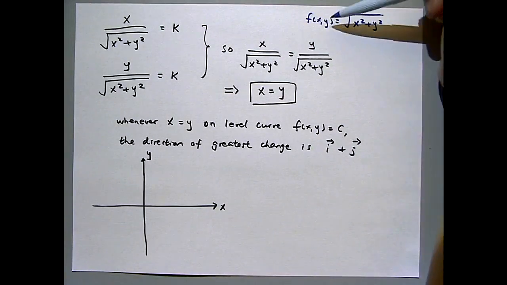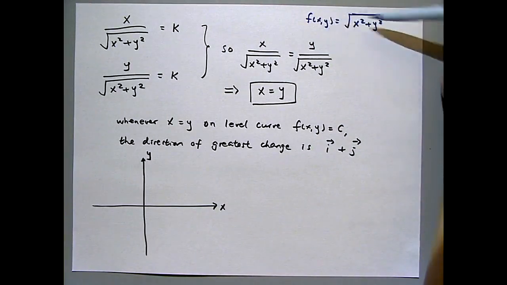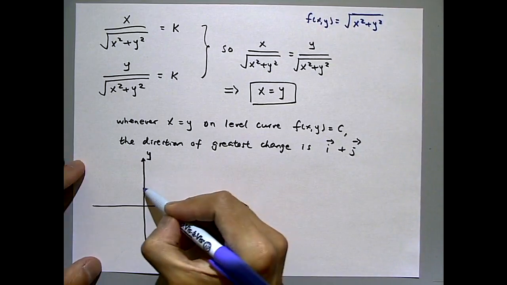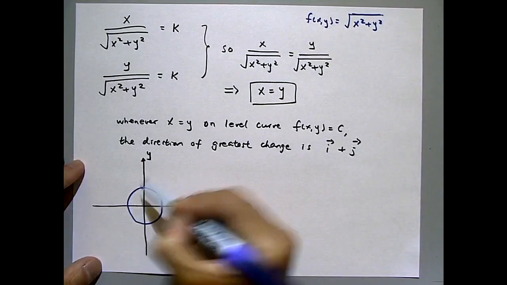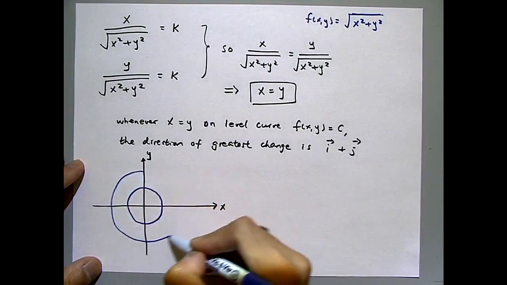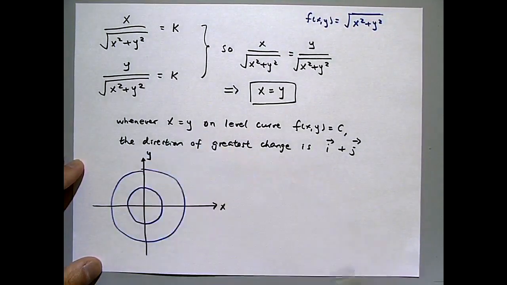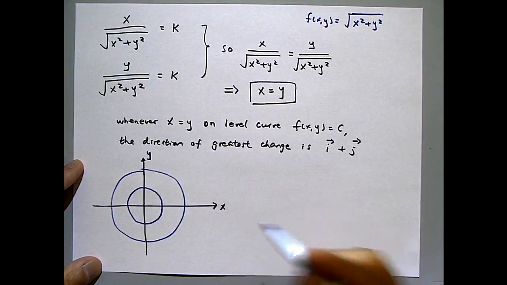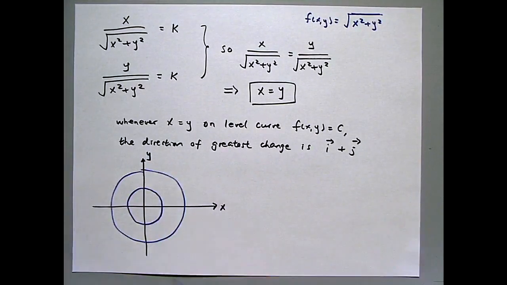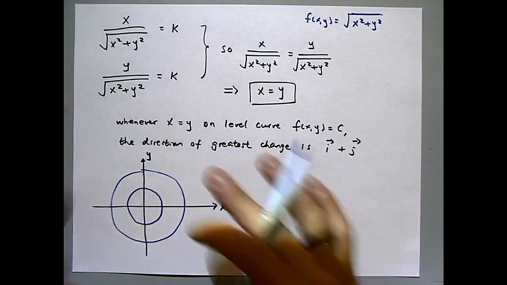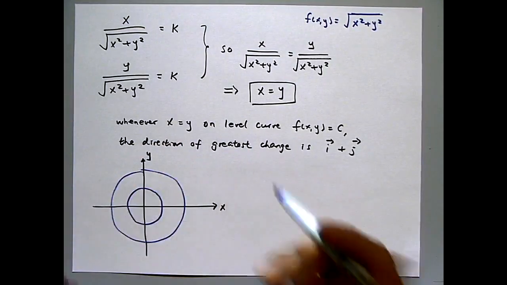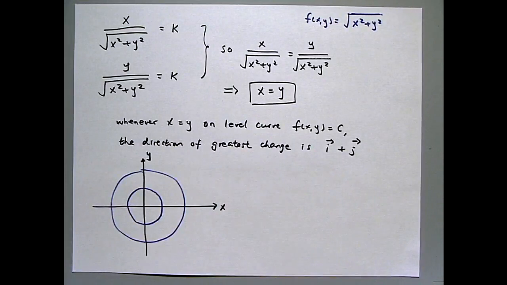Circle, yeah? You make this a constant, then the constant is equal to x squared plus y squared. So you get a bunch of circles. Each level curve is going to be a circle. These will have different constants, so different heights coming out of the page. Imagine this is a mountain you're trying to climb, and these are different heights.